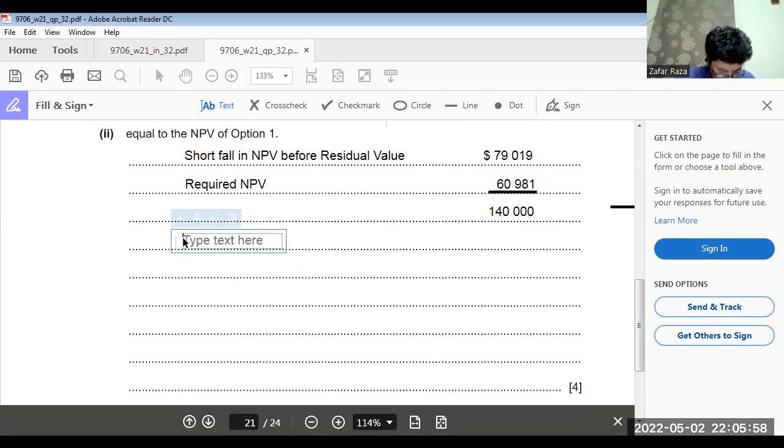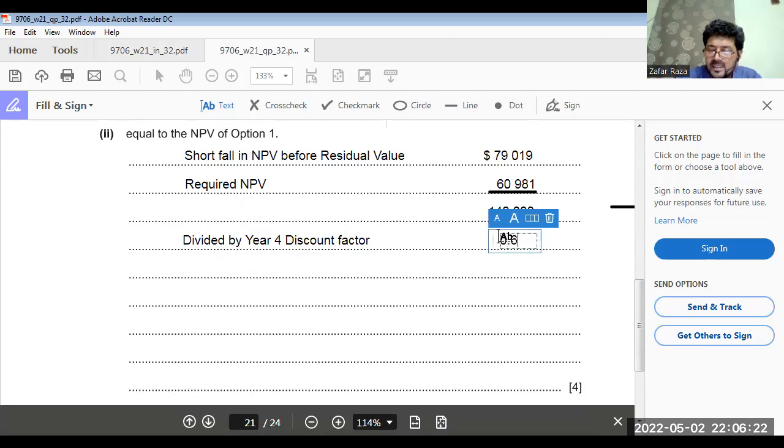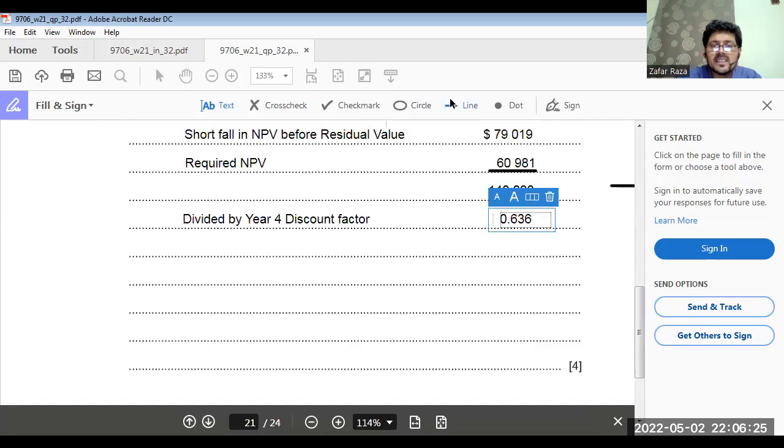Now divided by the year 4 discount factor, that is 0.636, and we get here how much? 2,20,126.